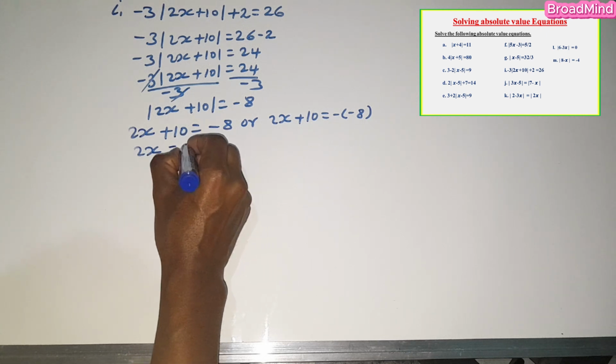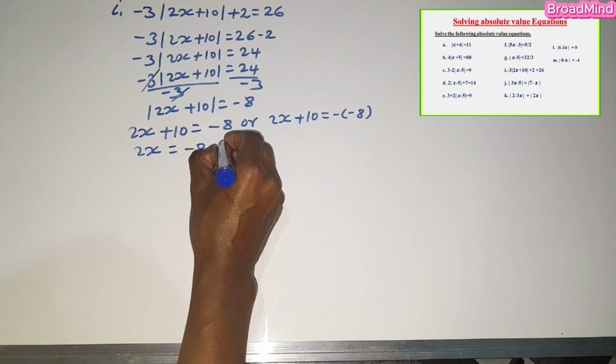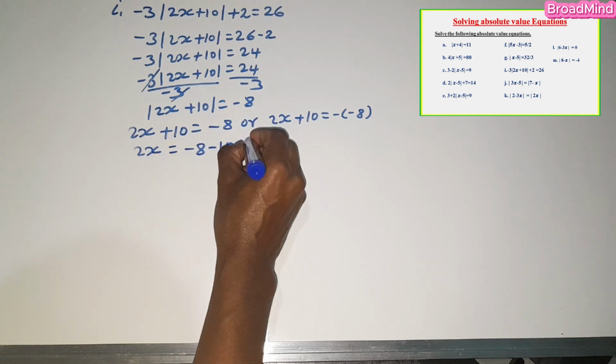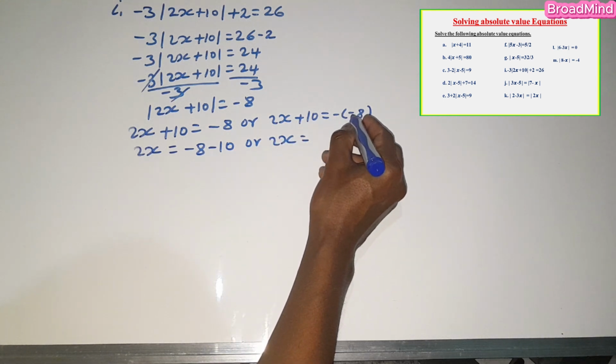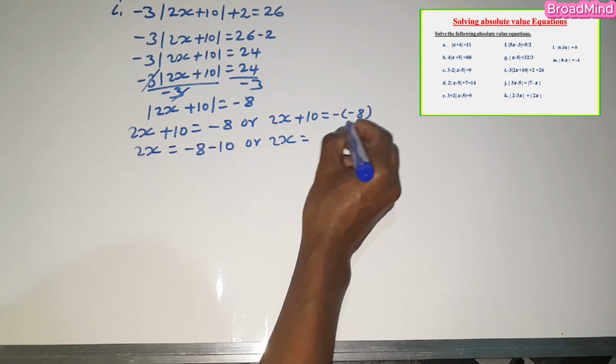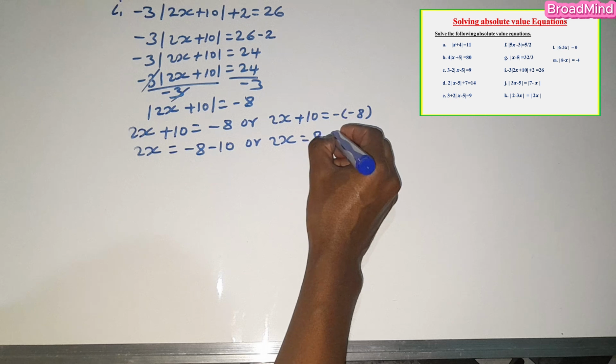Now 2x is equal to negative 8, here plus 10 is going to be minus 10, or 2x is equal to negative multiplied by negative, positive 8. Then positive 8 is plus, when it comes here, negative or minus 10.